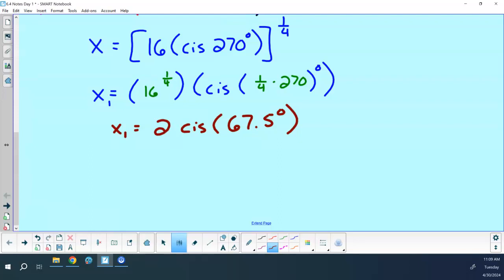How many total answers do I need for this one? I need 4. So that means then I have to take 360 degrees and divide it by 4. That gives me 90. So there's a gap of 90 degrees in all of these.